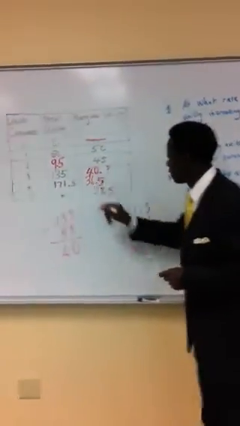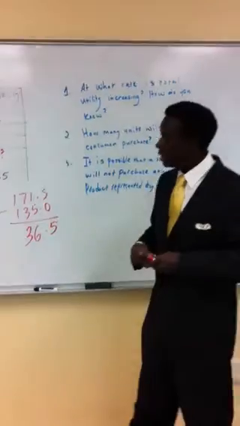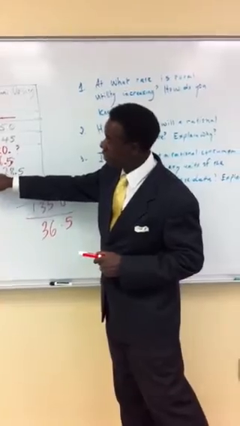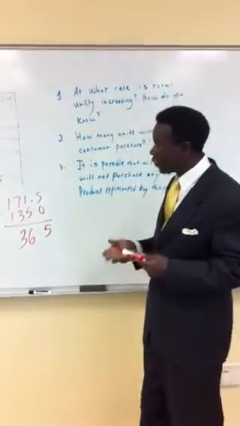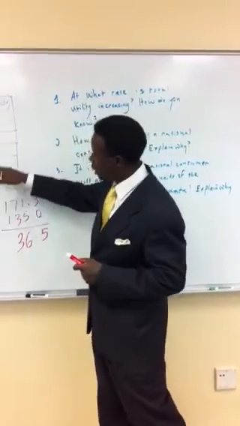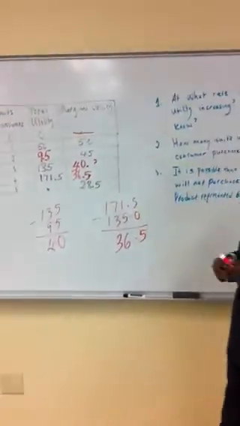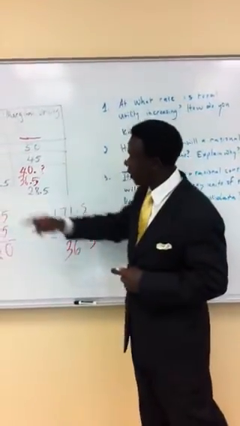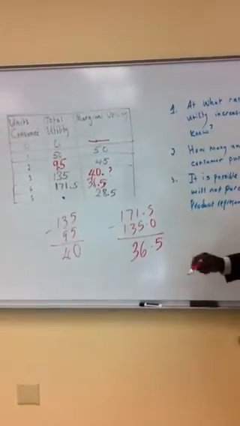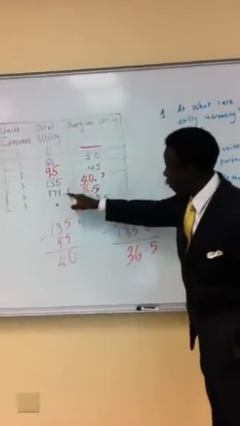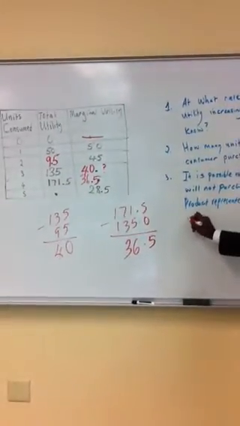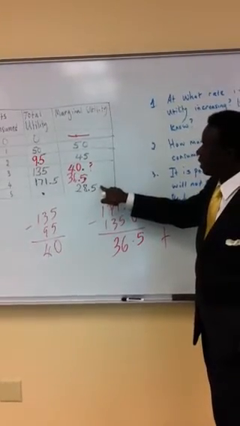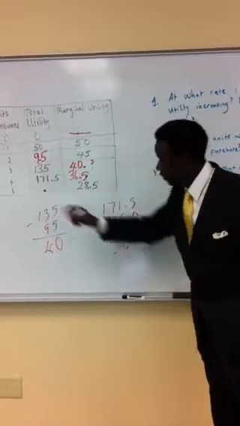Okay, 36.5. Now you know the marginal utility, but you do not know the total utility at the 5th unit of consumption. So how do you find the total utility knowing the marginal utility for the 4th and the 5th unit? In order to find the total utility for the 5th unit of consumption, you take the 171.5 of the 4th unit of consumption plus the 28.5 marginal utility of the 5th unit of consumption.